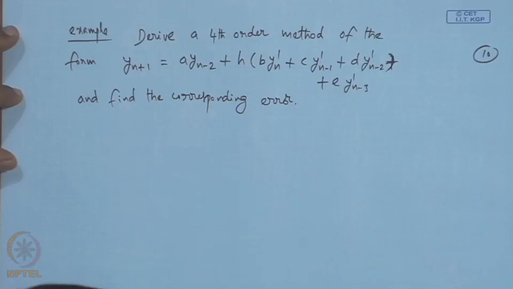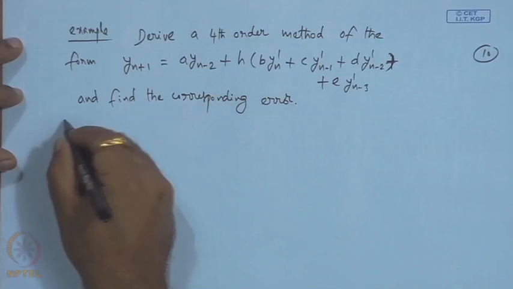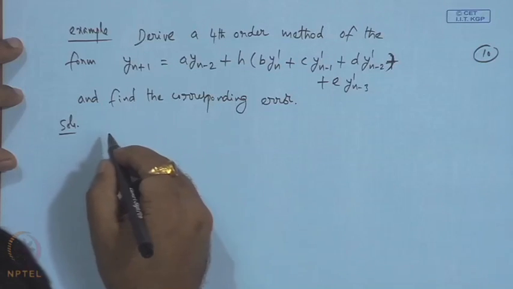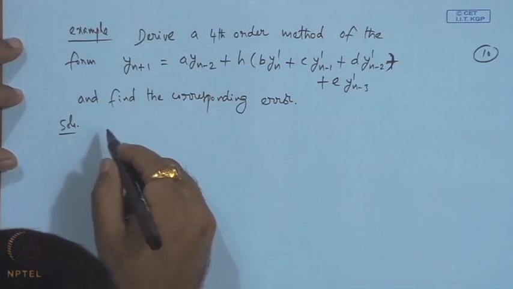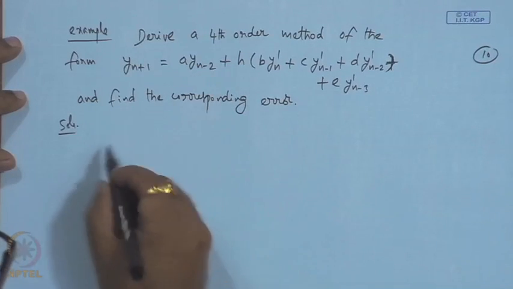So, we have to expand each of them, right. So, let us start with, so we need for example, y n minus 2.